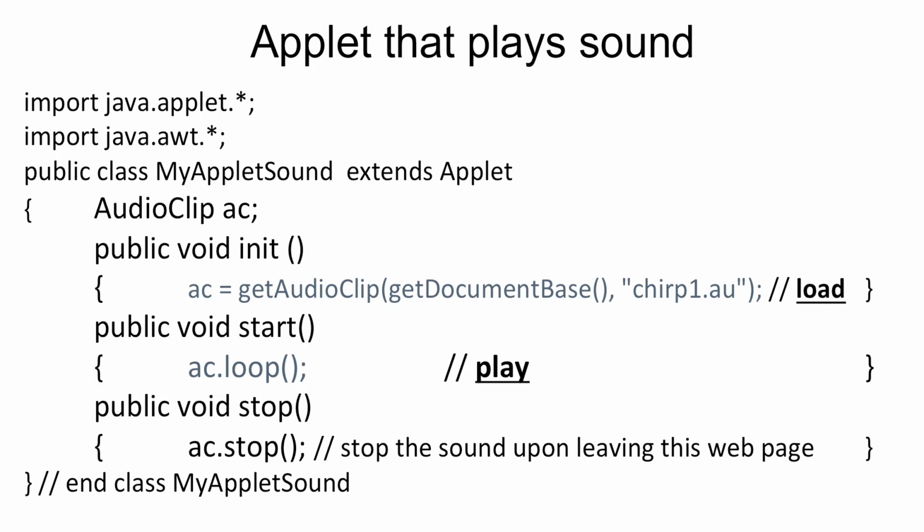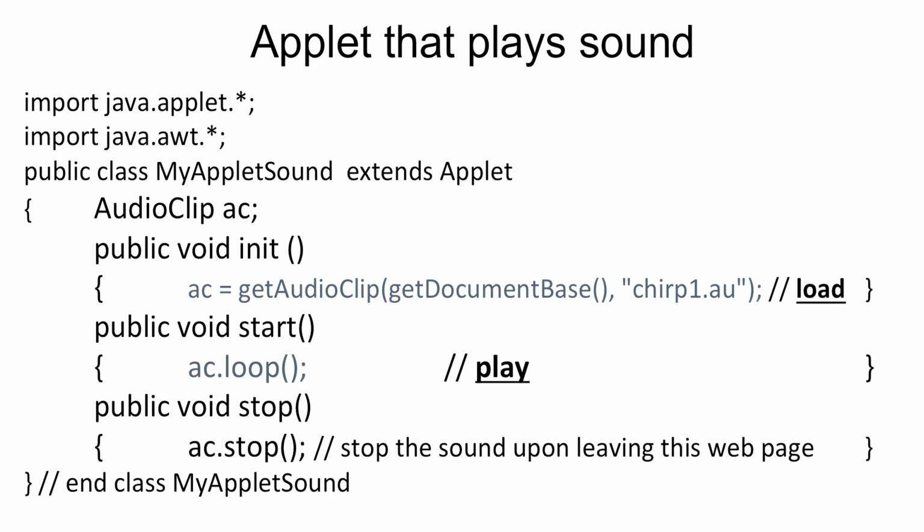Initially, inside the init function, ac is a reference of the audio file. chirp1.au is the audio file, and its reference is saved in ac. So ac is an object of this file, a reference of this audio file.